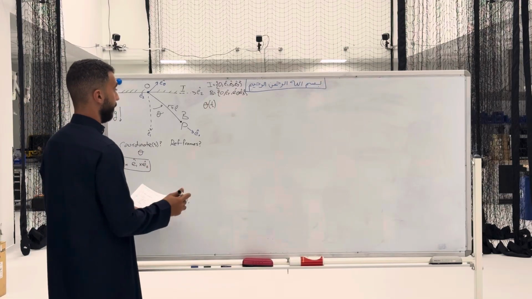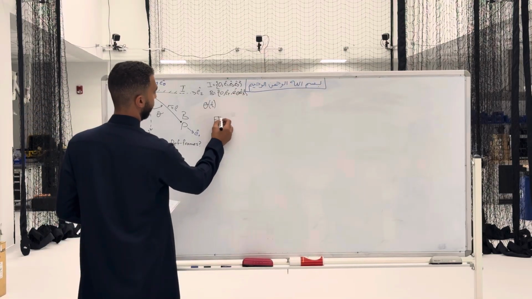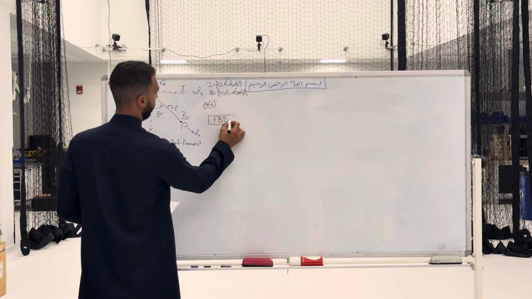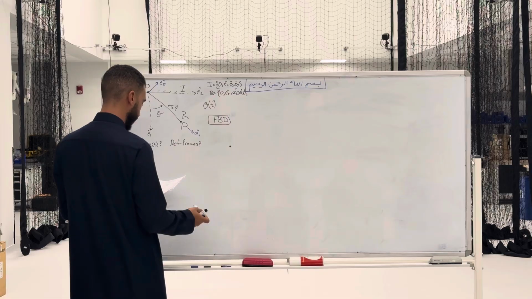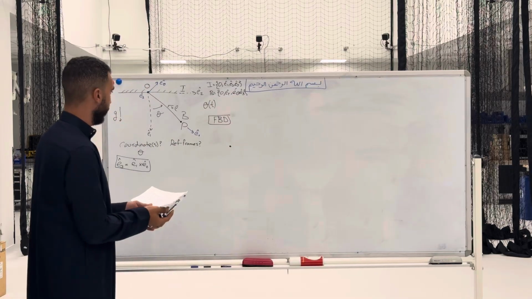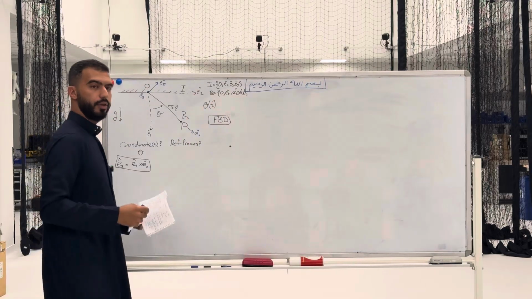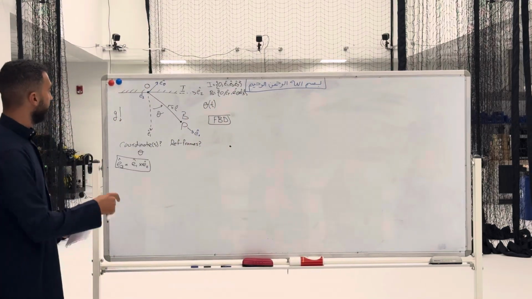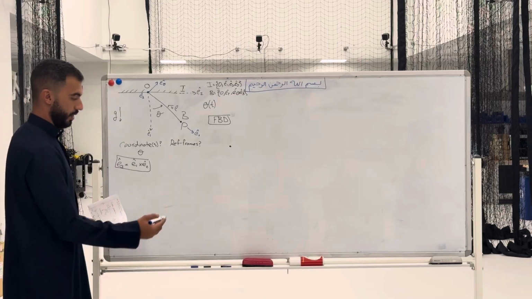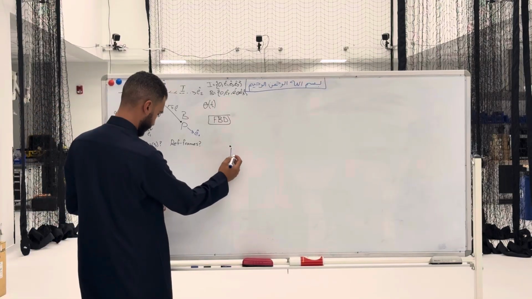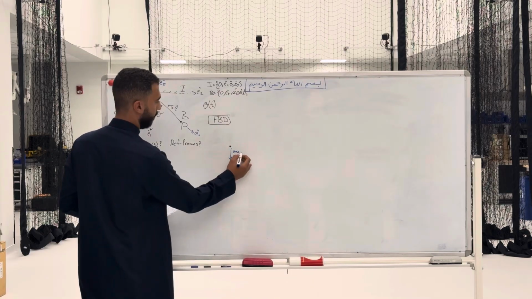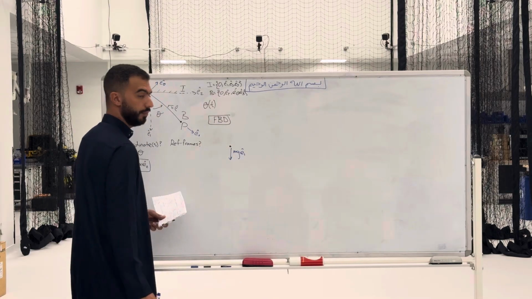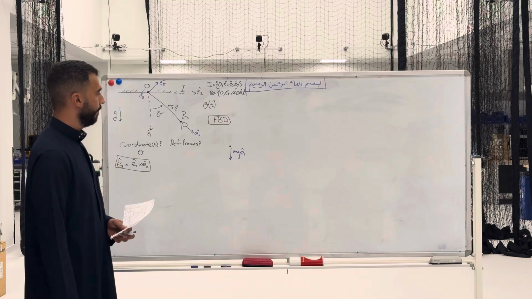Let's draw the free body diagram. So it's a point mass. What do we have in terms of forces? If you pull this and you let it go, what forces do we have? We have gravity. So it will be mg in the positive E1 direction. What else do we have? Tension from the cable.